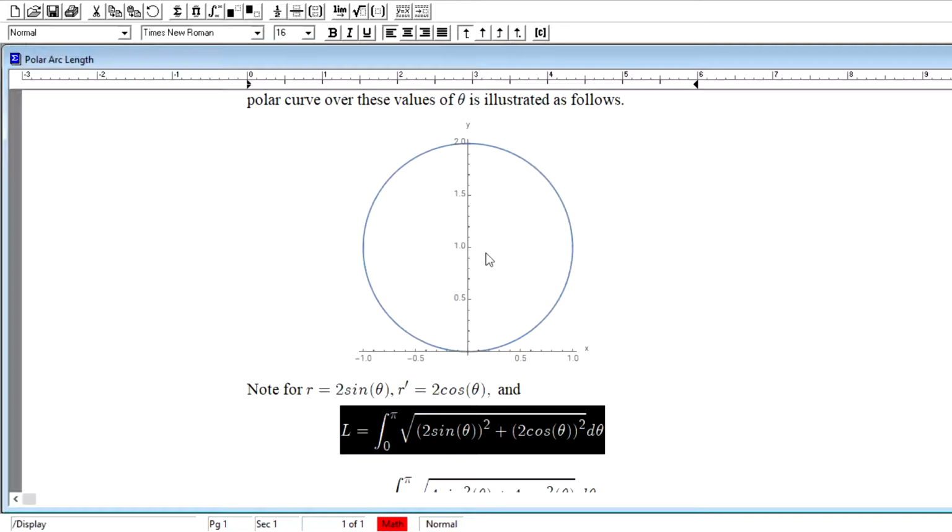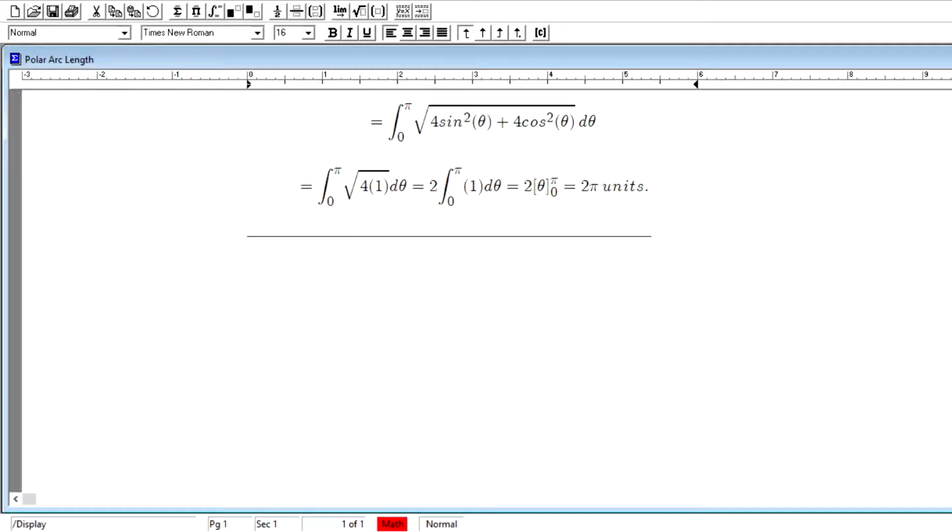Recall, the circumference of a circle is just 2 pi r, so if we have a radius of 1, that would be 2 pi times 1, or 2 pi units in circumference. So the circumference formula for this circle does align with what we obtained in our calculation here for this integration.